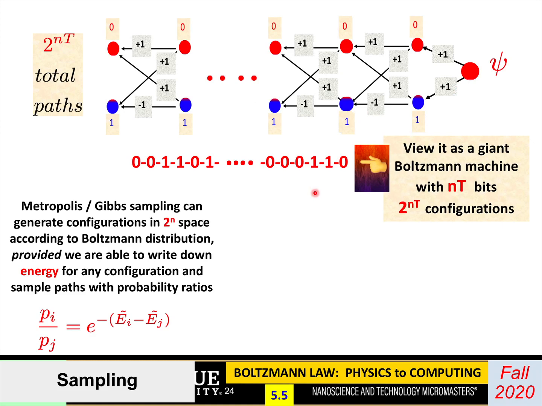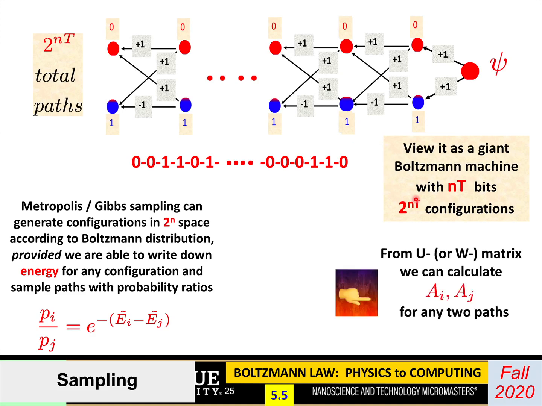I say giant because usually we think of a Boltzmann machine with n bits, but now you have to factor the t into it, namely how many time steps there are. So it's a Boltzmann machine with nt bits. And there are 2 to the power nt configurations. And if I wrote down the amplitudes of all of them and added them up, I'd get the exact answer. But what we want to do is sample those configurations and come up with an approximate answer.